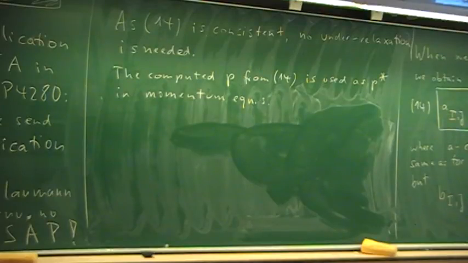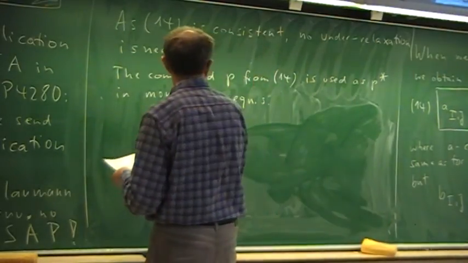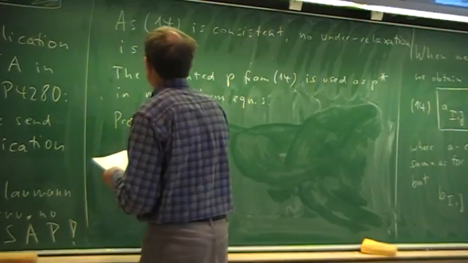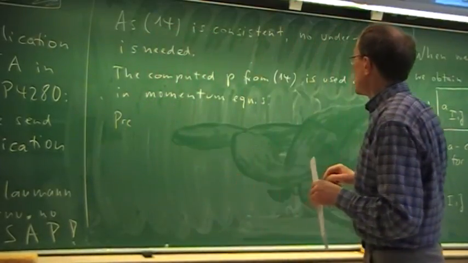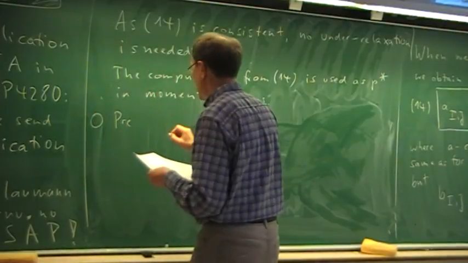Then the preliminary velocity components are computed next, and they are determined from the momentum equations. That is the step afterwards.